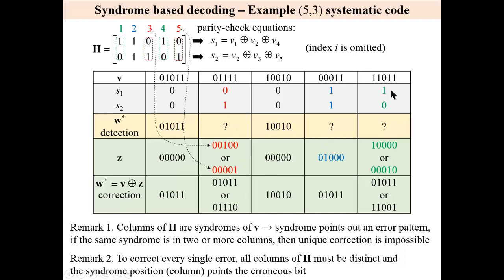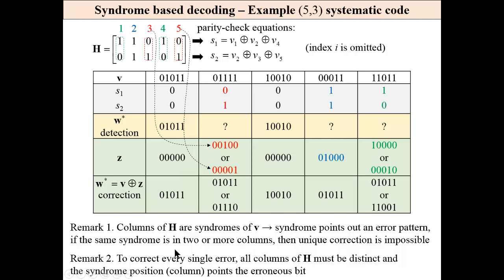For this case, we have the same story, because we have syndrome 1, 0 in 2 columns, so unique correction is impossible. For this received word, we have a syndrome 1, 1, which is only in column 2, which means that we have an error in column 2. Columns of matrix H are syndromes of single errors, and the syndrome points out an error pattern.